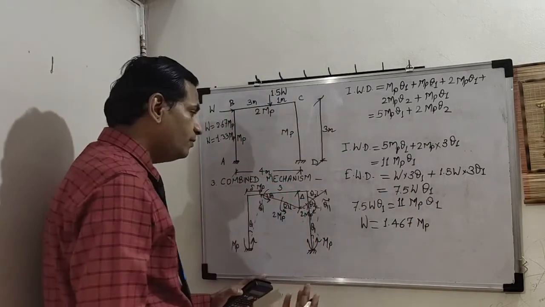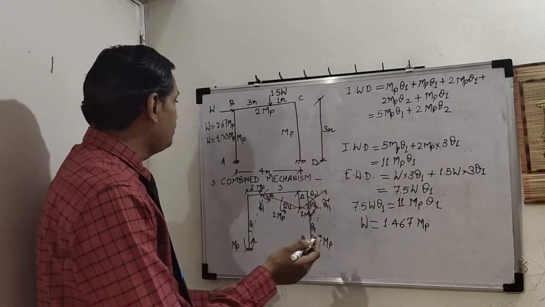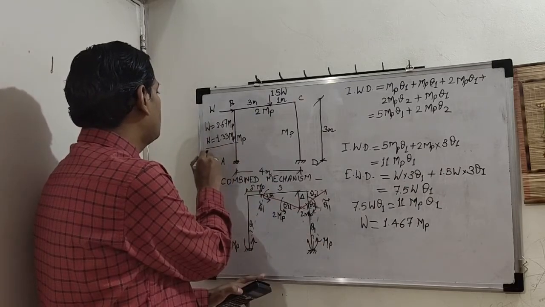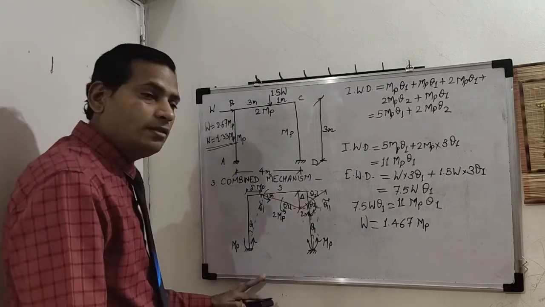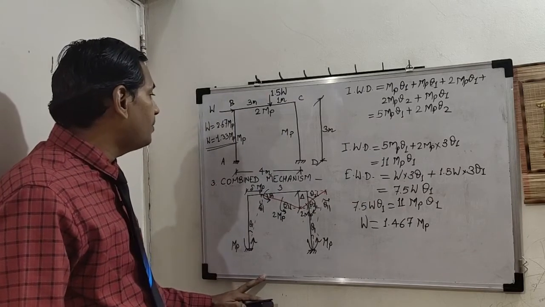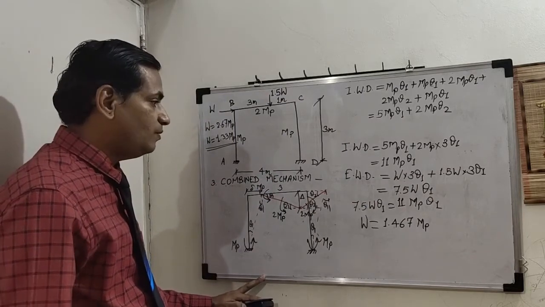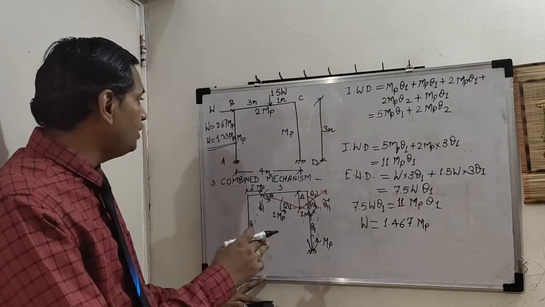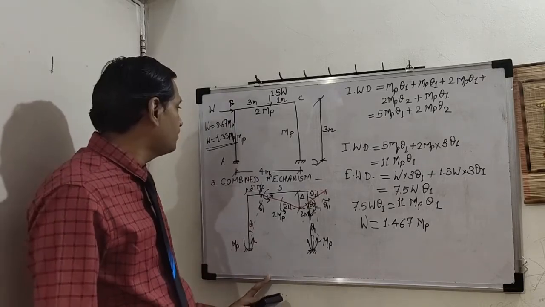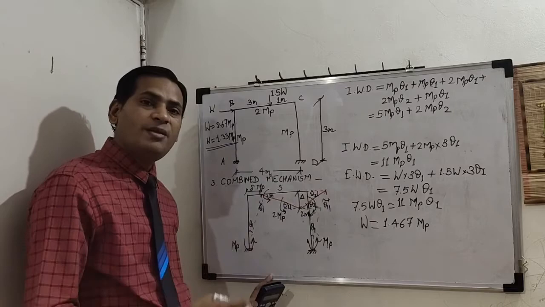So which is the right value? The least value, which is from the combined mechanism, sway mechanism, 1.33 MP. The least of the three is to be considered. Okay, so the answer is 1.33 MP.